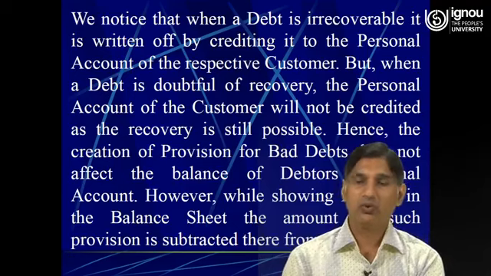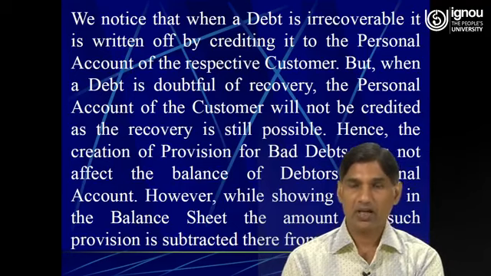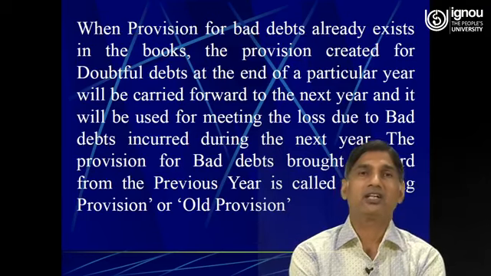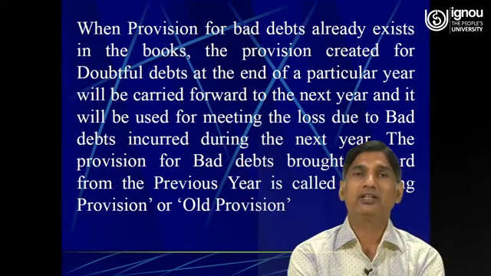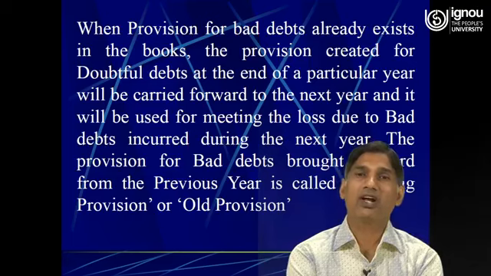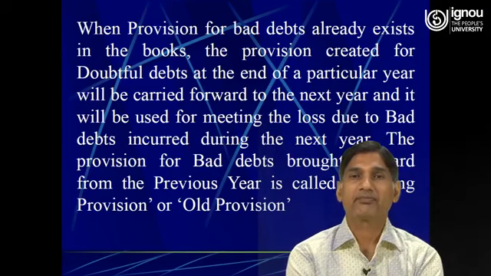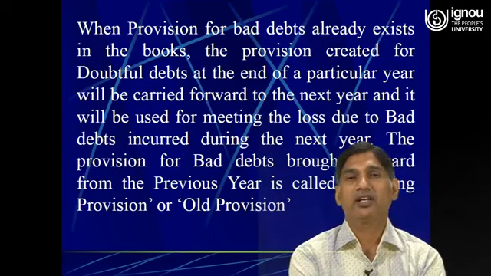Let us see how it will be dealt with when it is given outside the trial balance. When provision for bad debts already exists in the books, the provision created for doubtful debts at the end of a particular year will be carried forward to the next year, and it will be used for meeting the loss due to bad debts incurred during the next year.